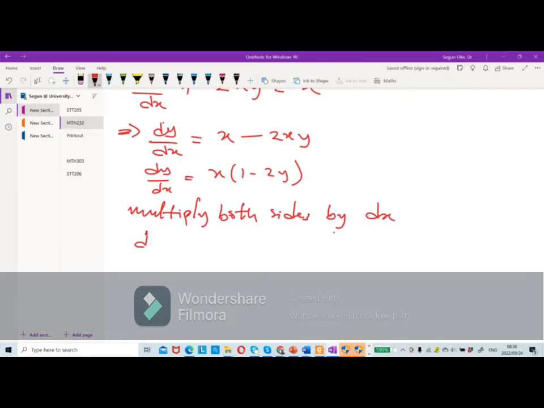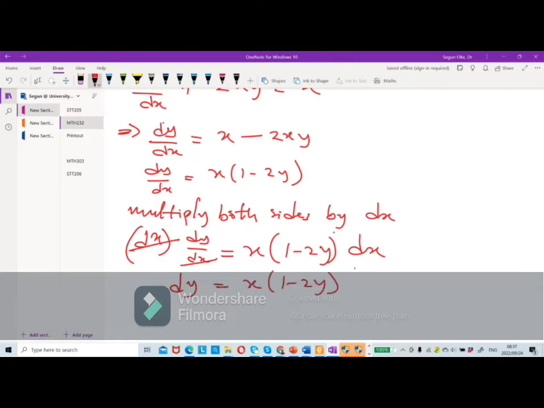So I will have dy multiplied by dx here. Let me just use this bracket for this. Equals x(1 minus 2y) dx. So that means the dx cancels the dx here. So I now have dy equals x(1 minus 2y) dx.